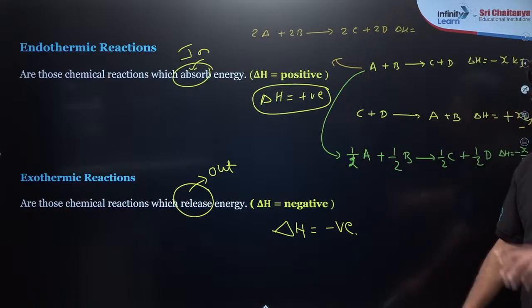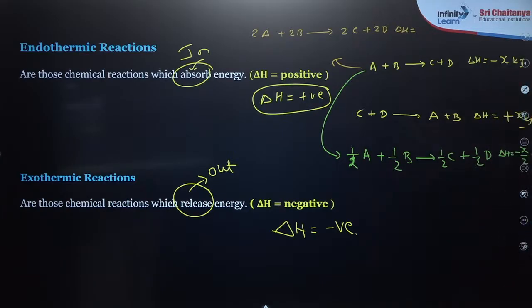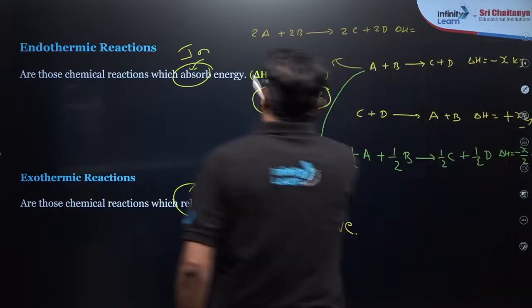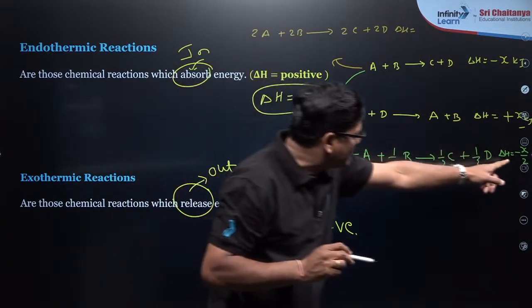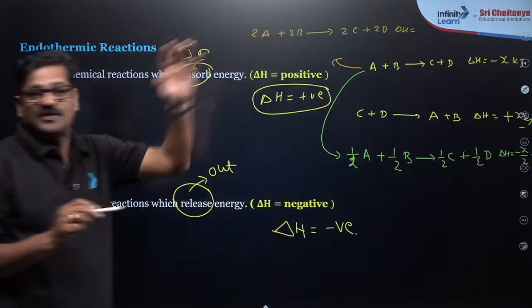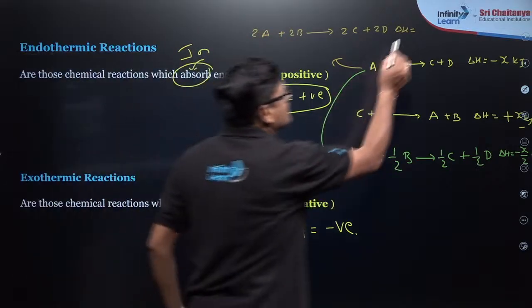Okay, if you have doubt then you can ask us. Yes, tell me. If you divide the equation by 2, you are going to get minus x by 2. If you multiply the equation with 2, you are going to get minus 2x.